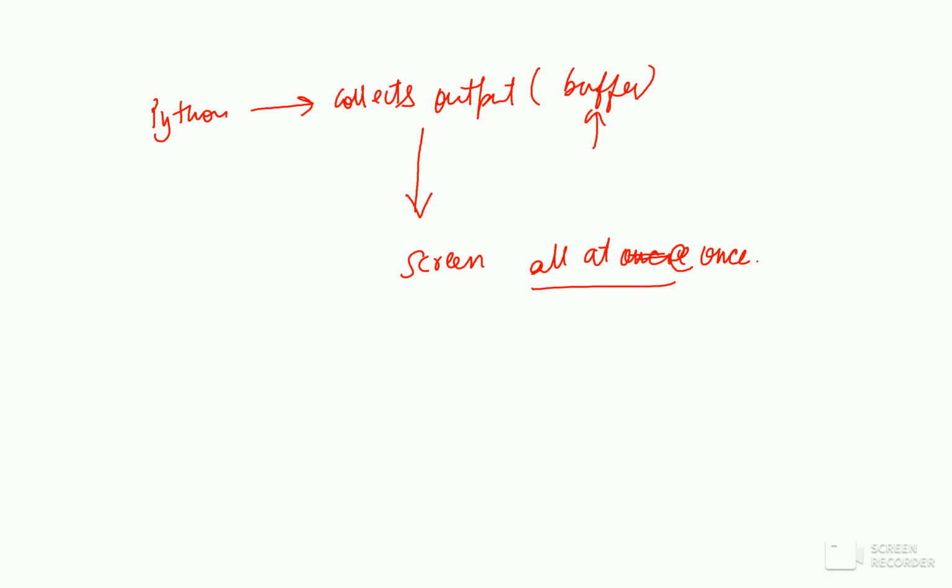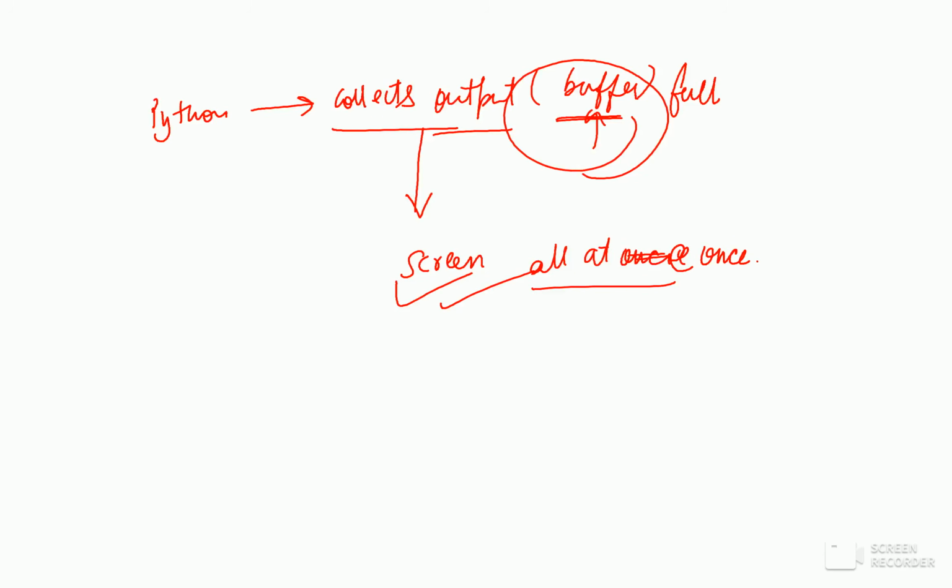I repeat, Python first collects the output in something called a buffer. This is a temporary holding area in memory and then sends it to the screen all at once when this buffer is full or when the program ends.